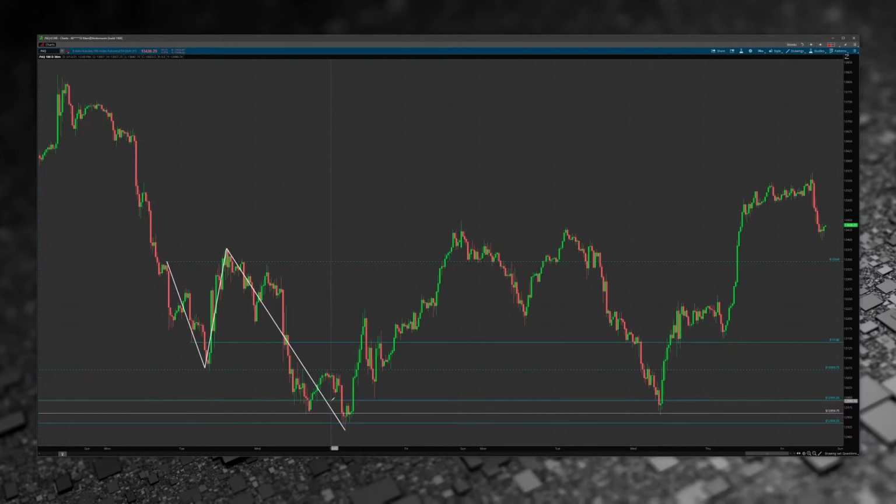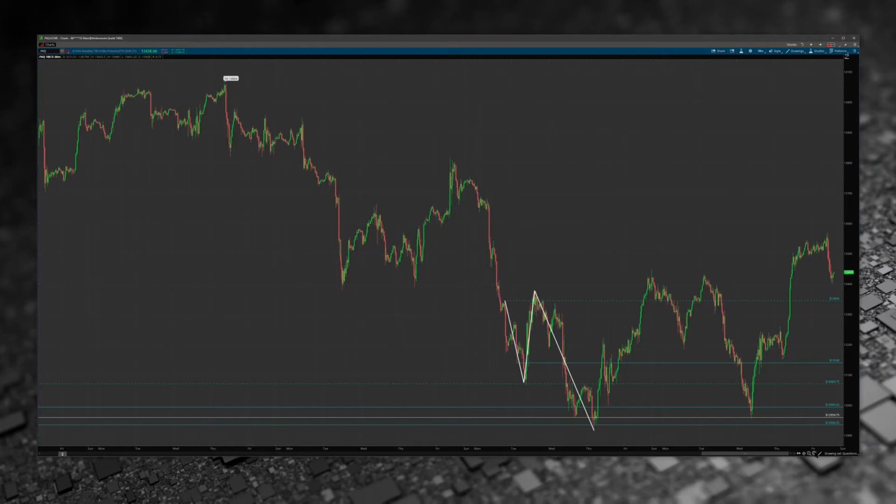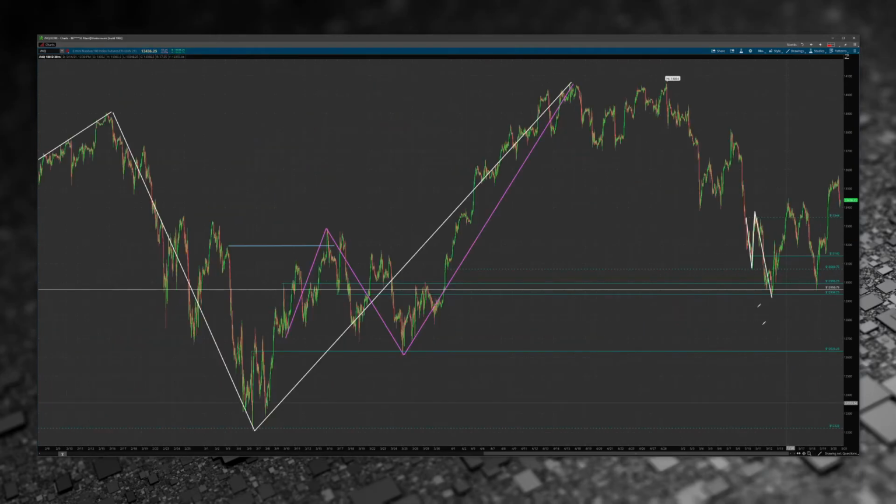You target highest untested of the leg you are retracing. The leg we are retracing, technically the next leg we're retracing is this one. But bigger picture, since it's from the daily, we would be looking for highest untested in this move down. And this is valid until and unless you fail to gain support again, which is what we've done here so far.